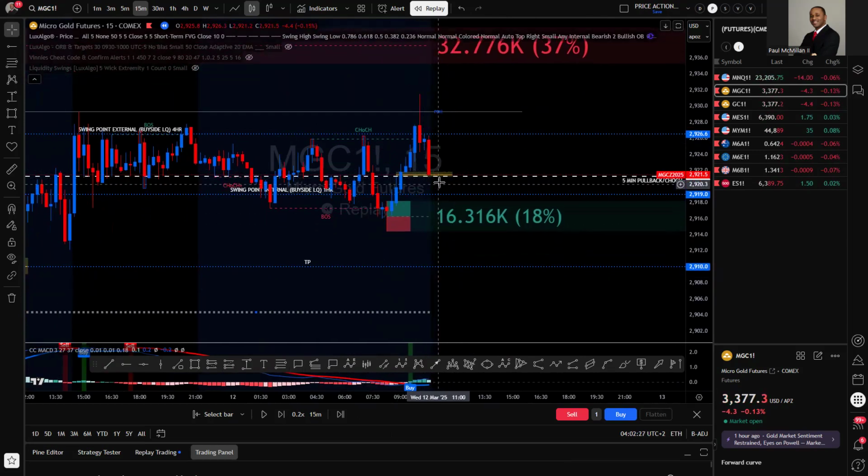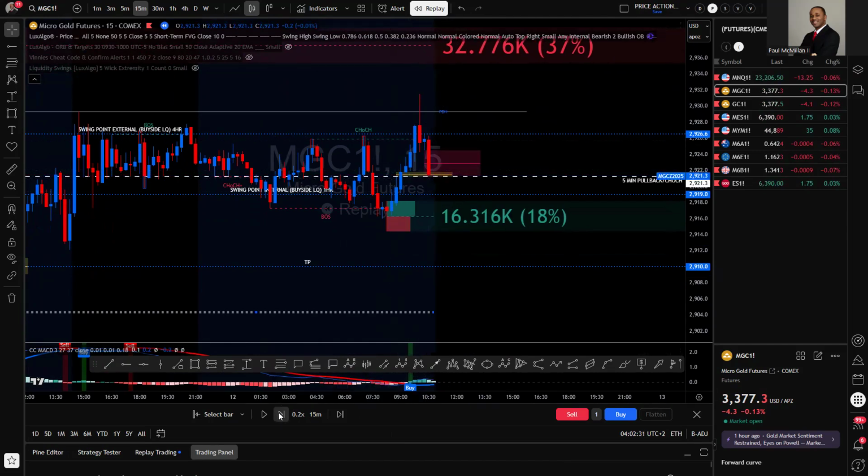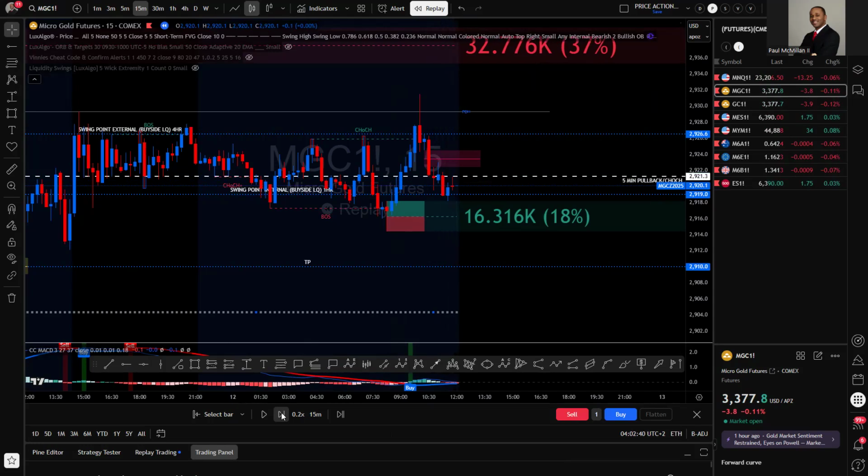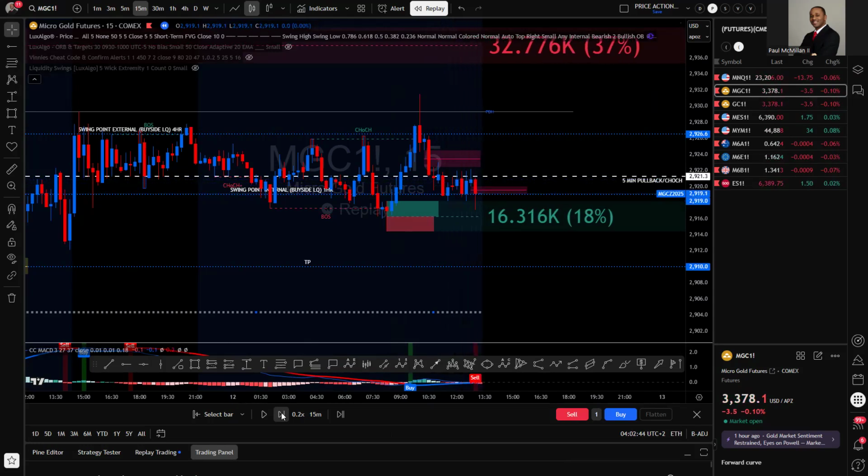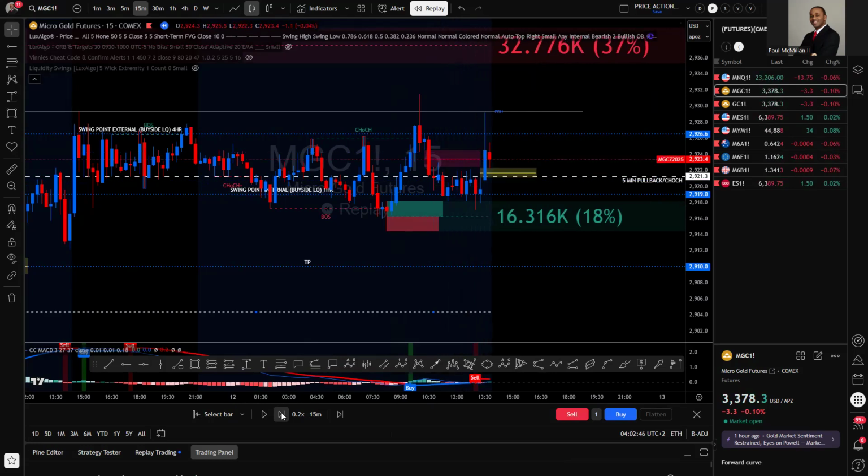But if it respects this level, then it just has to pull back further. Let's see. Basically, now it's the reaction strength. Well, we'll see the result of that. So, yeah.